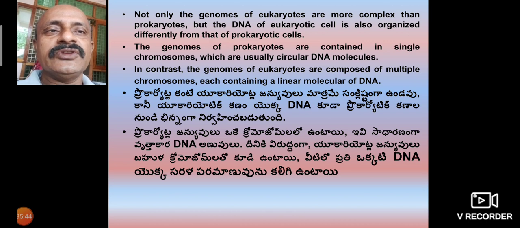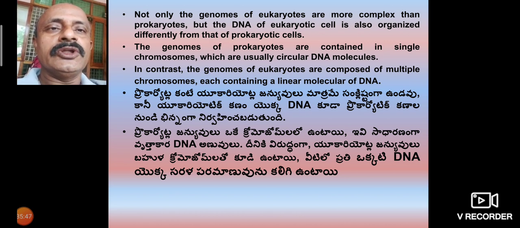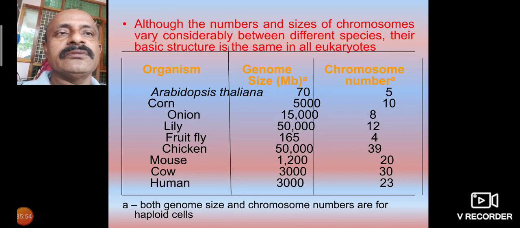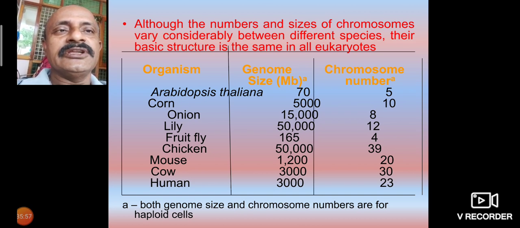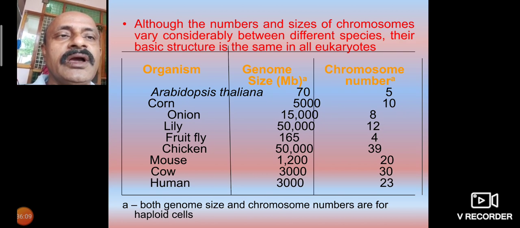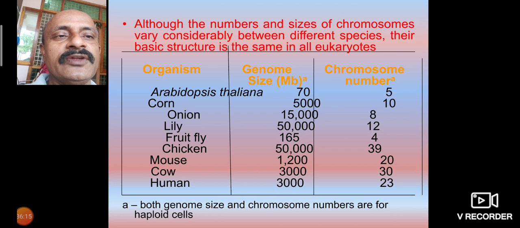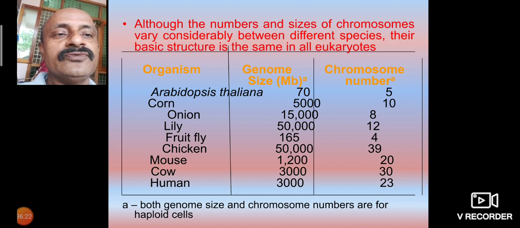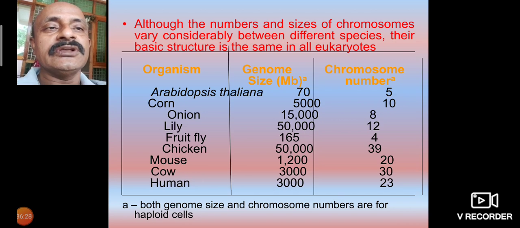In contrast, the genomes of eukaryotes are composed of multiple chromosomes, each a linear DNA molecule. The number and size of chromosomes vary considerably between different species, for example Arabidopsis, corn, onion, lily, fruit fly, chicken, mouse, cow and human.